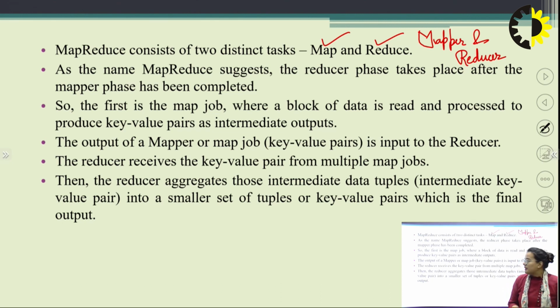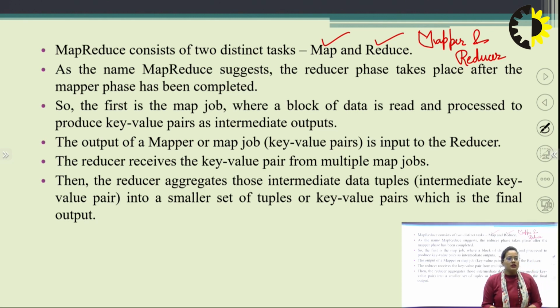So the mapper will divide the large data into smaller blocks. As the name MapReduce suggests, the reducer phase takes place after the map phase has been completed. The output of the mapper or map job is the input to the reducer.